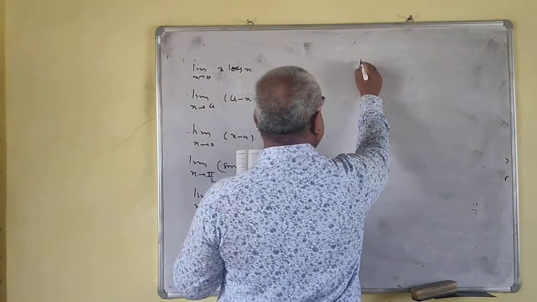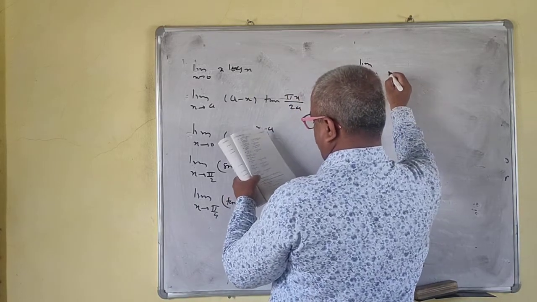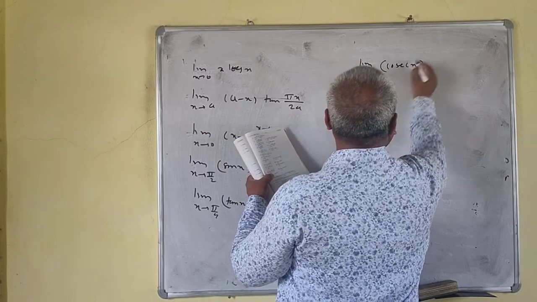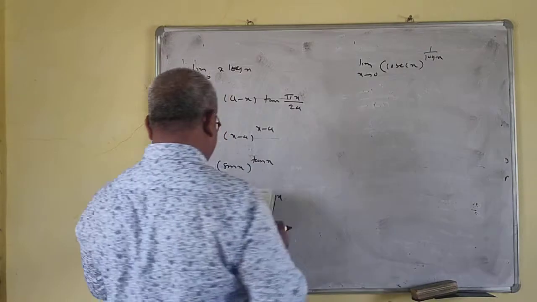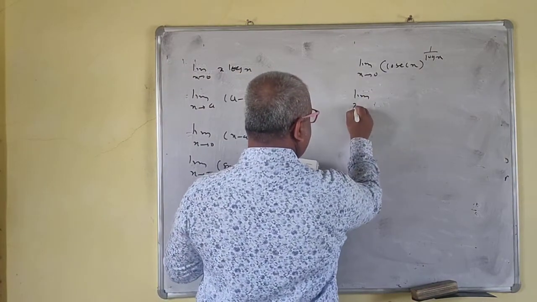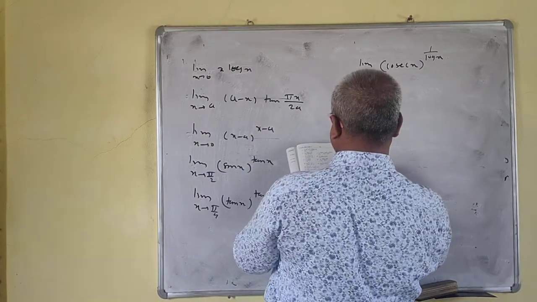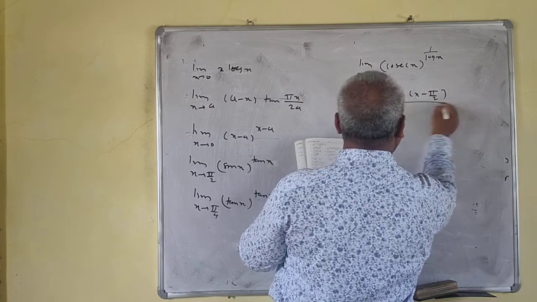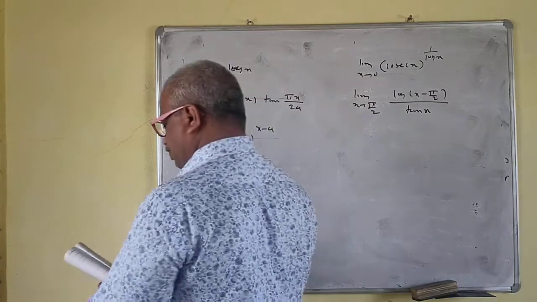Limit x tends to 0, cosec x to the power 1 upon log x. Limit x tends to pi by 2, log of x minus pi by 2 upon tan x.